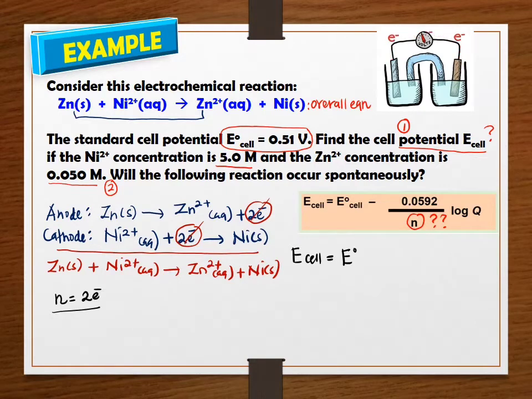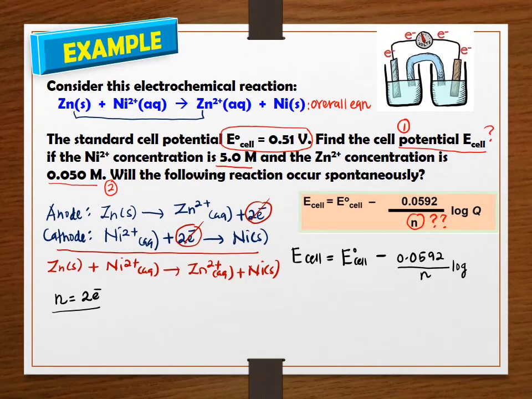So E cell equal to E not cell minus 0.0592 divide by, nak terus divide by 2 boleh atau nak tulis N dulu pun boleh. So dekat sini saya buat N dululah. Log Q. Tadi madam kata Q tu adalah reaction quotient, di mana product divide by reactant.